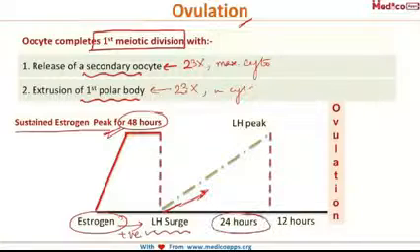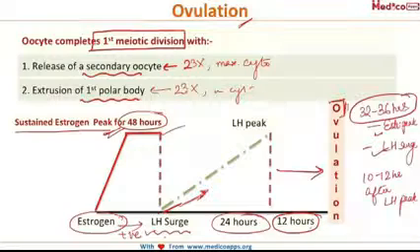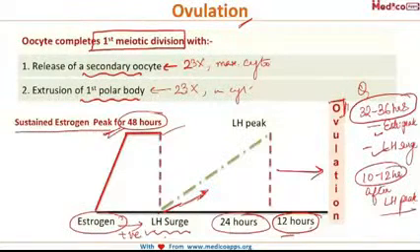So, it takes 24 hours for LH to peak, and 10 to 12 hours after this LH peak, ovulation occurs. Now, let us see what we can conclude from this. So, ovulation occurs 32 to 36 hours after the estrogen peak and the LH surge, and 10 to 12 hours after the LH peak. So, all these are important questions.